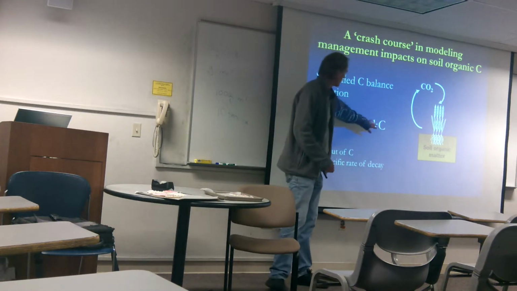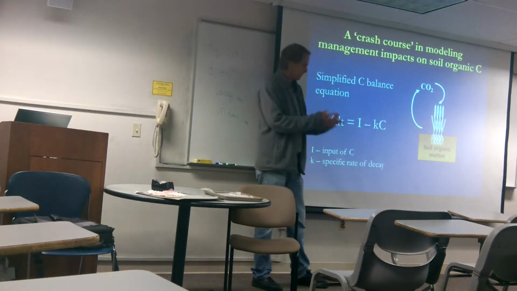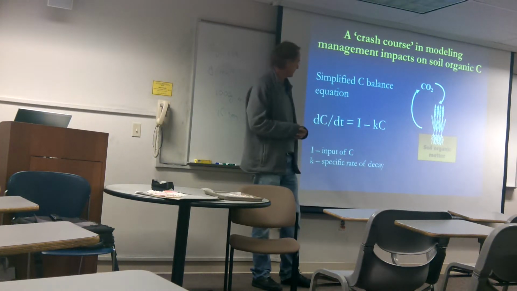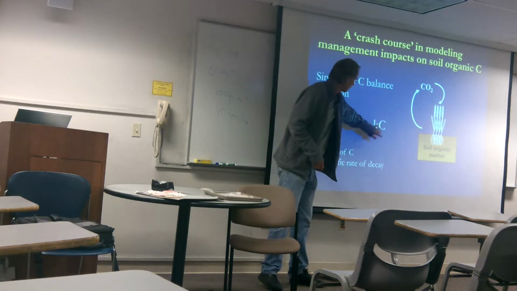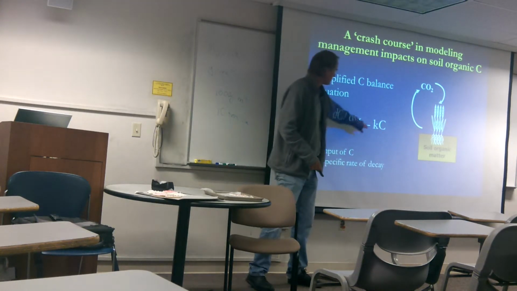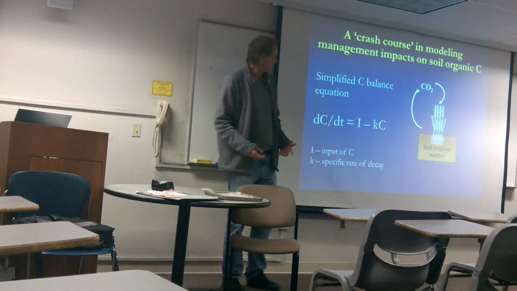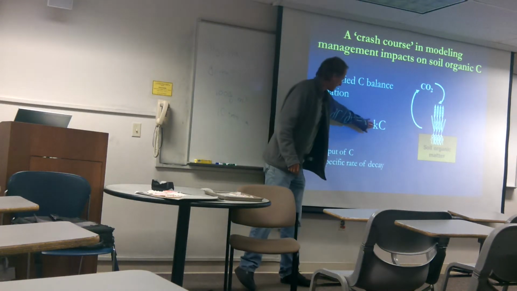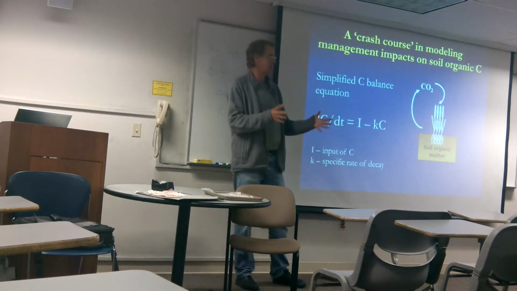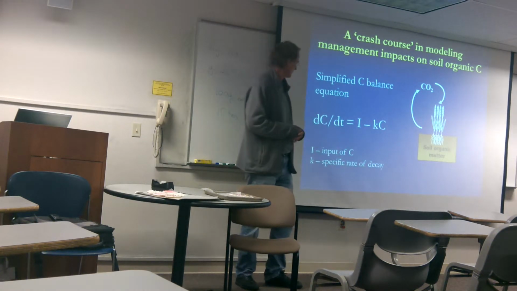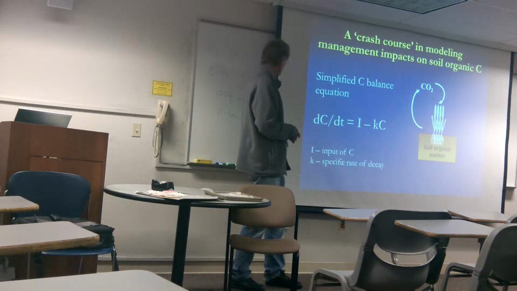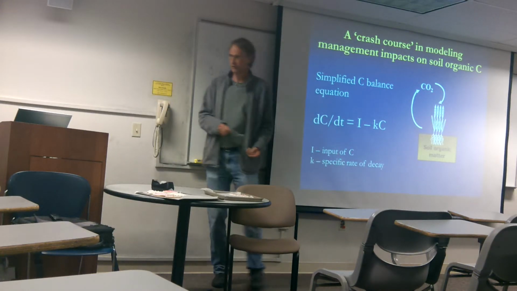And then the rate of loss via decomposition of the carbon that's in the soil. Typically this loss process through decomposition can be considered as a first order process, at least as a first approximation. Okay, so we've pretty well defined a system now.